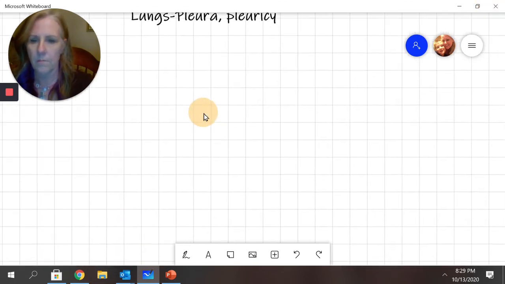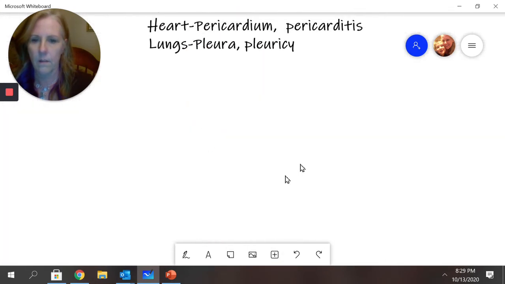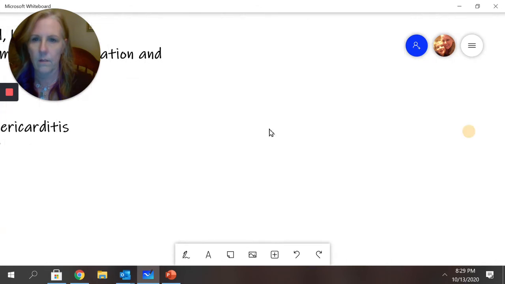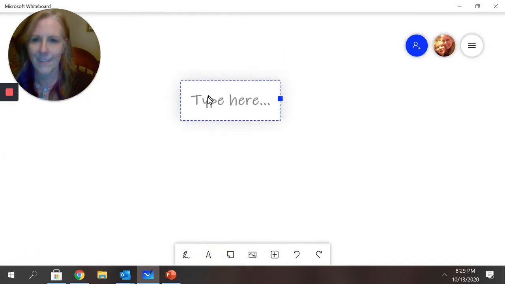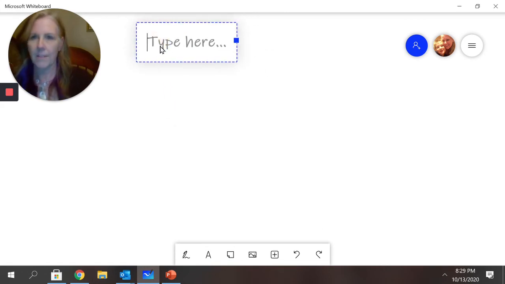Okay, we're going to move that up. We'll move it to the side and talk about the last type of membrane, and that is the synovial membrane.